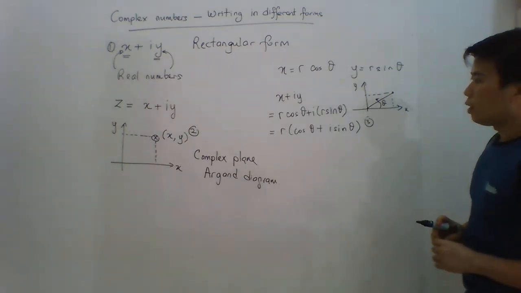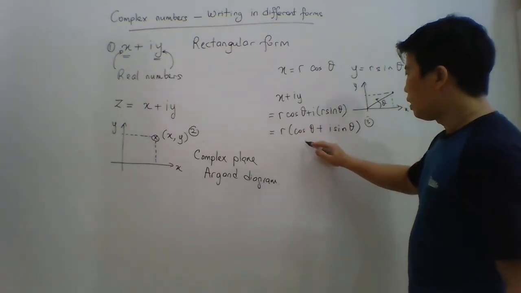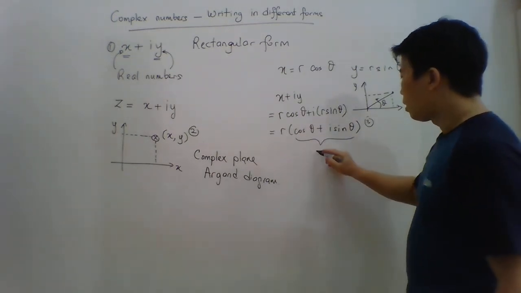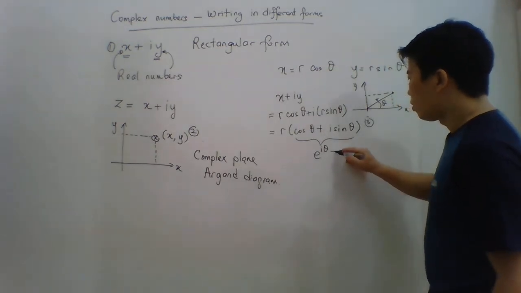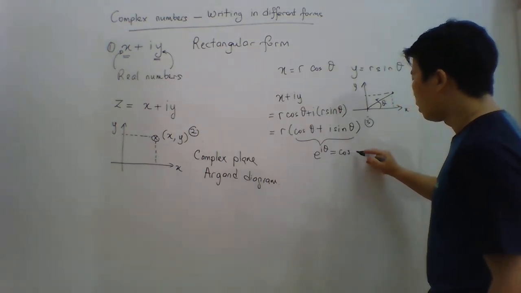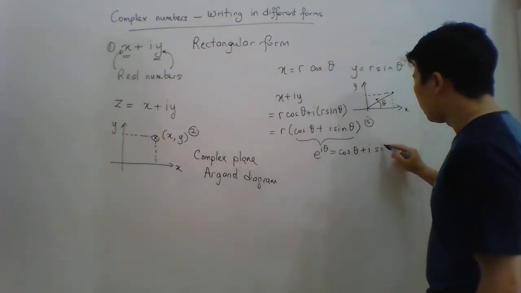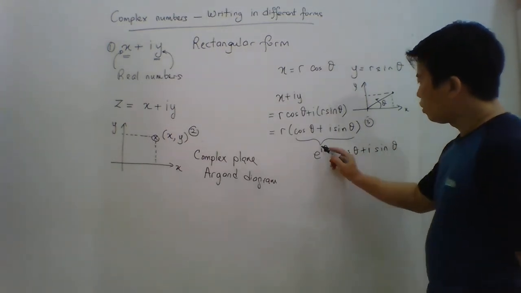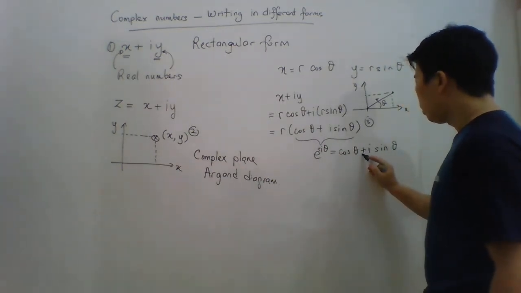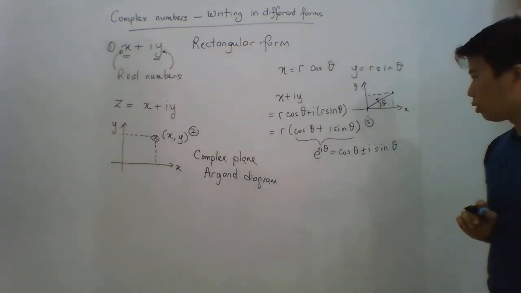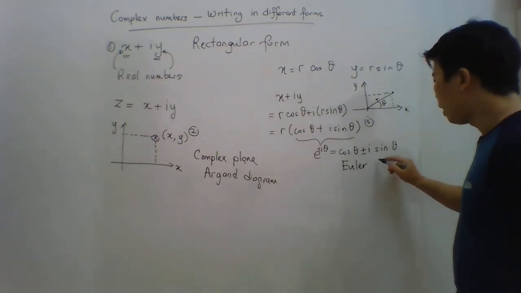And here you may know that this term, cos theta plus i sin theta, can be written as e to the i theta. And just to make it more complete, you have a plus minus sign here. So this is the Euler formula.